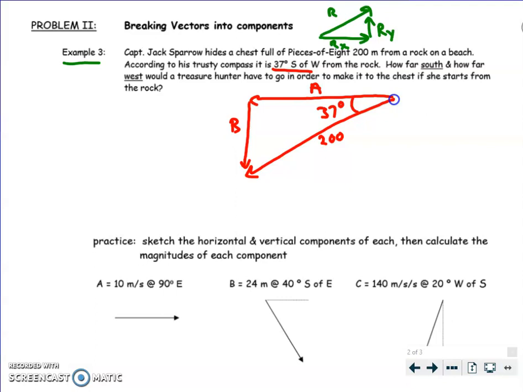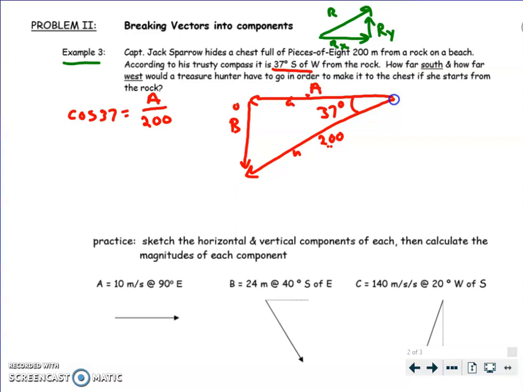And that's really just SOHCAHTOA. So what I can see is, let's take A first. If this is adjacent, this is opposite, and this is hypotenuse, and I know hypotenuse and the angle, then I want you to recognize that to find the adjacent side, I'd use a cosine of the function. In other words, I'd say the cosine of 37 equals adjacent, right? That's what I'm looking for, divided by hypotenuse, which is 200.